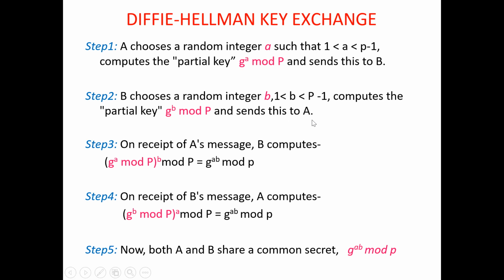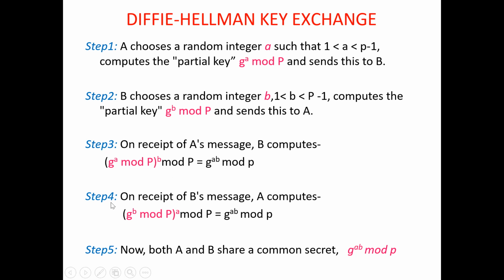Step 3, on receipt of A's message, B, which is nothing but the receiver, computes G raised to A mod P raised to B mod P, which is written as G raised to AB mod P, by the rules of exponentials.